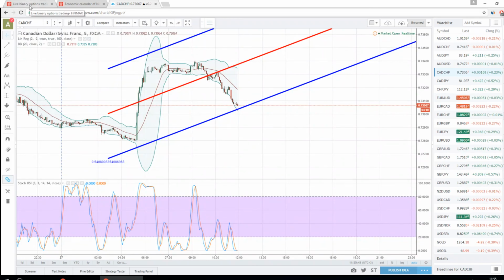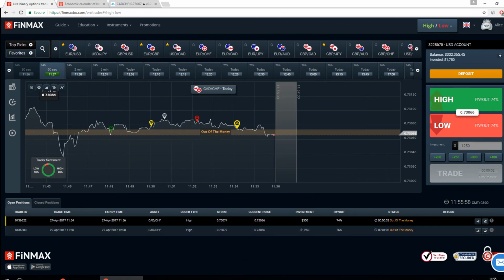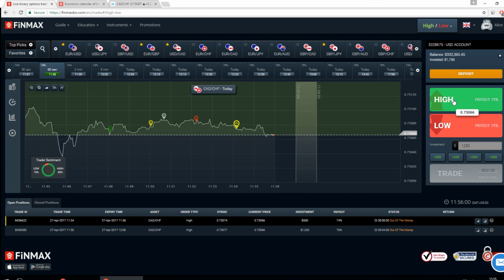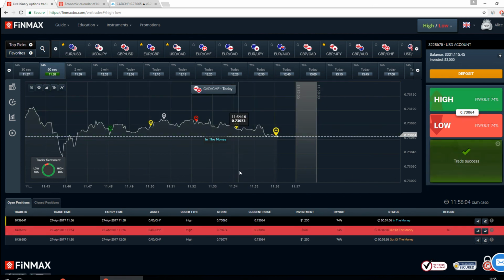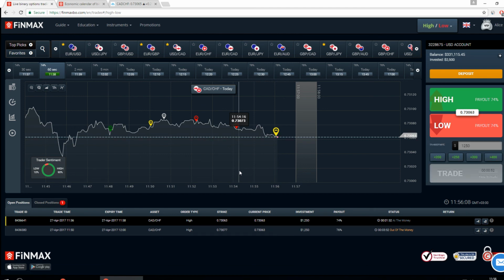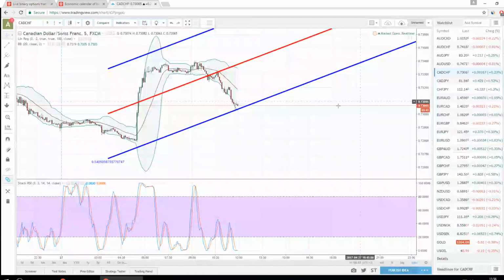Probably that was a bad time. Okay, so I'll need to enter for another lap for 1 minute for that trade. Let's enter. I'm here at the same asset, but the longer time frame is out of the money currently.